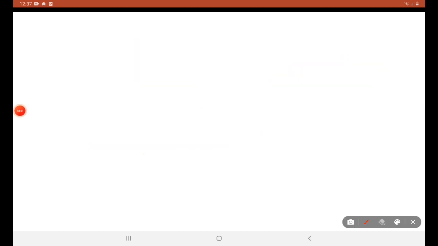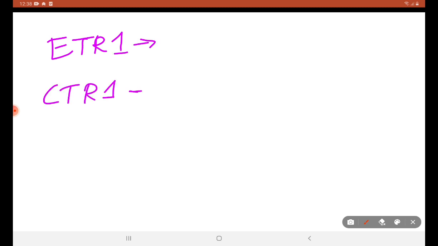Now we will see a few abbreviations that we have seen in this pathway. That is very important. What is ETR1? What is CTR1? ETR1 is ethylene receptor 1.